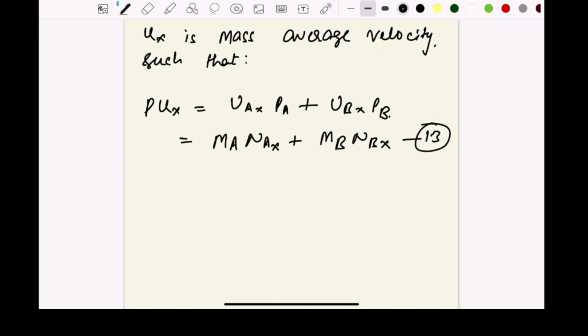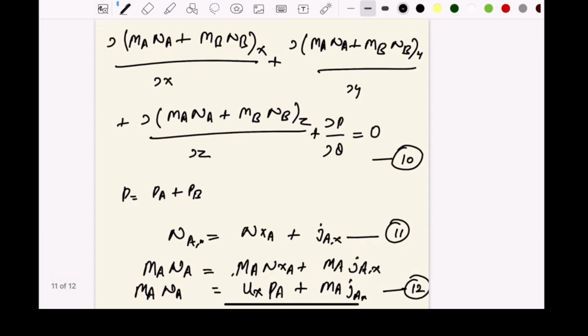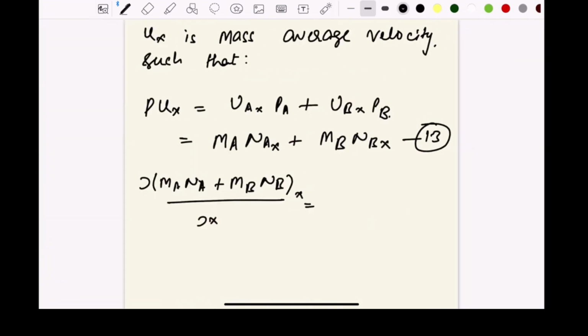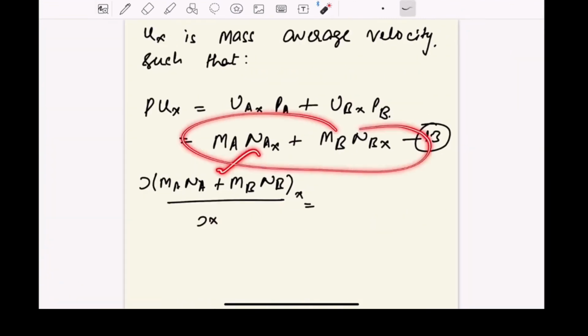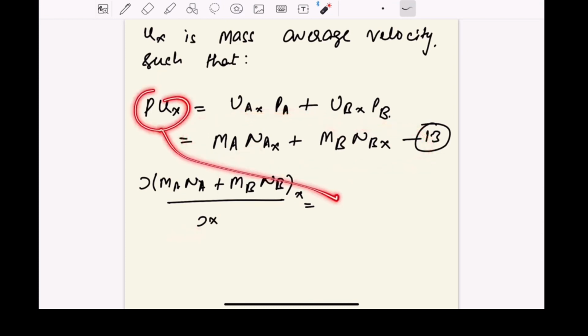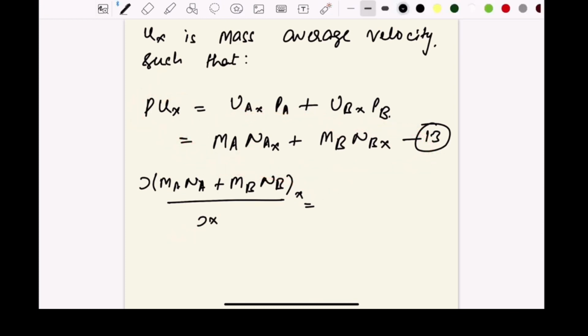So it will become ∂(MA NA plus MB NB)/∂x is equal to, so this is coming from this and this will become this side, and this will become ρ ∂Ux/∂x plus Ux ∂ρ/∂x.